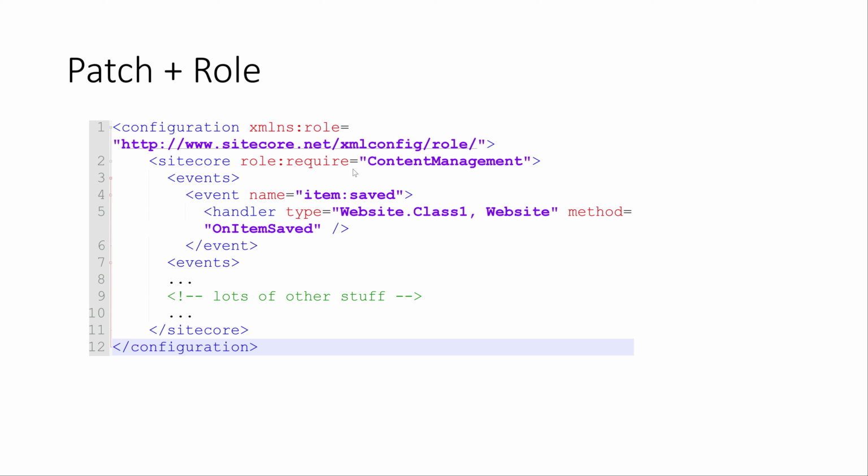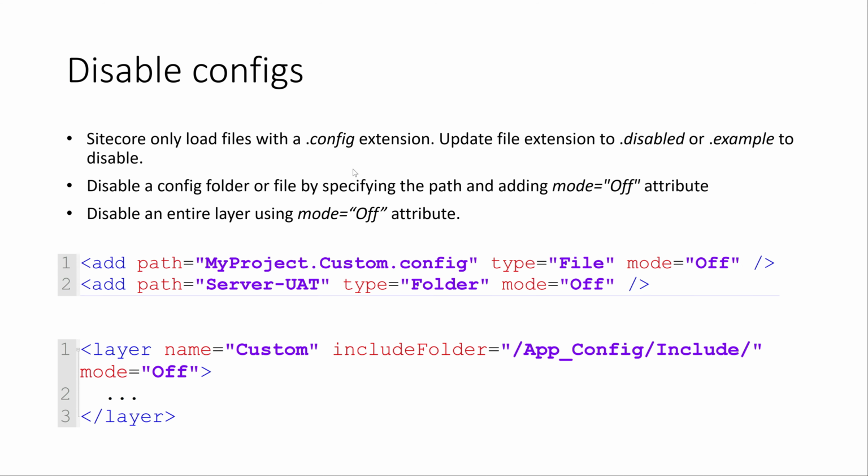And the next thing: we have put all the patching and all the configurations there, but while testing or for whatever reason, we want to disable some configuration files. How do we disable it? The traditional way of disabling is still valid in Sitecore.